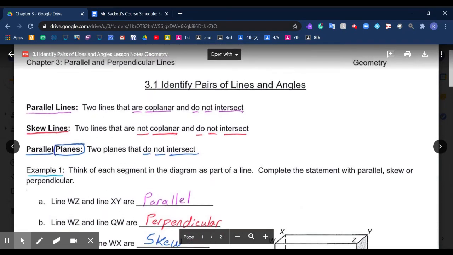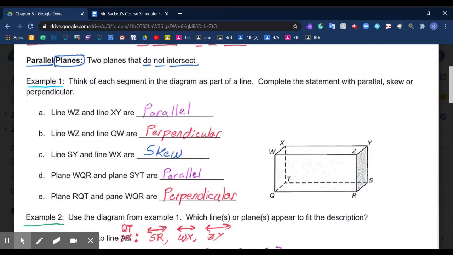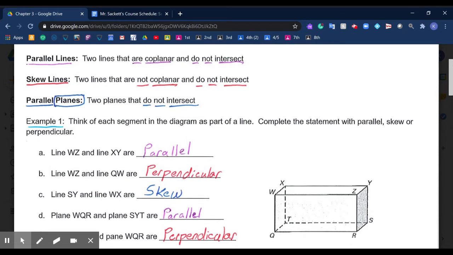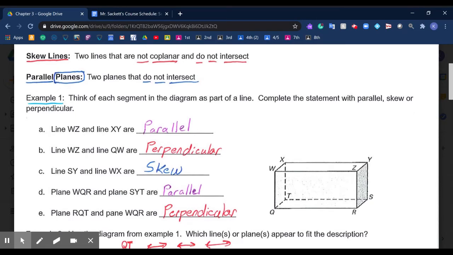Now, we did not have perpendicular up here, but perpendicular lines are lines that meet at 90 degrees, or a right angle. So if they meet at 90 degrees or a right angle, they are perpendicular. And then we can also have perpendicular planes, which are planes that intersect at 90 degrees, or right angles.